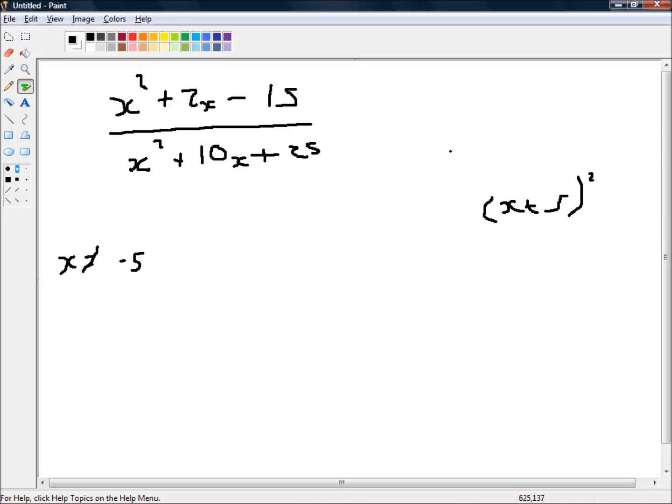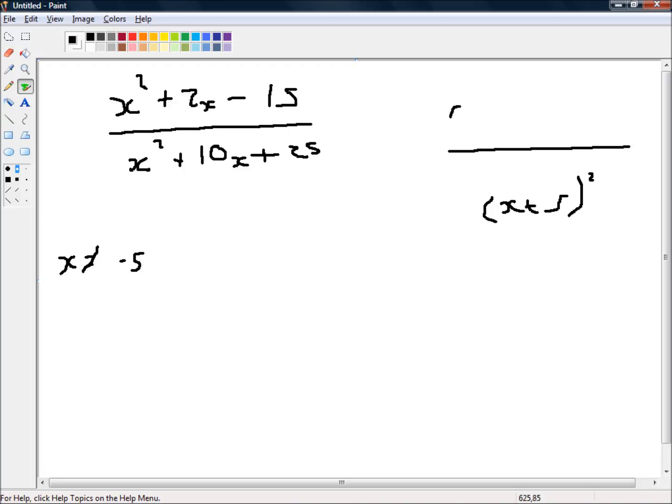Okay, so that being done, and we've got our denominator, let's factorise our numerator. So we're looking for two numbers that will multiply together to give negative 15 and add together to give positive 2. Well, that looks to me like 3 times 5 is 15, and if the 3 was negative and the 5 was positive, then you've got negative 3 plus positive 5, which is positive 2.